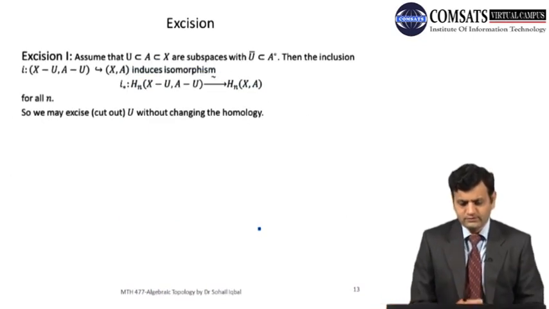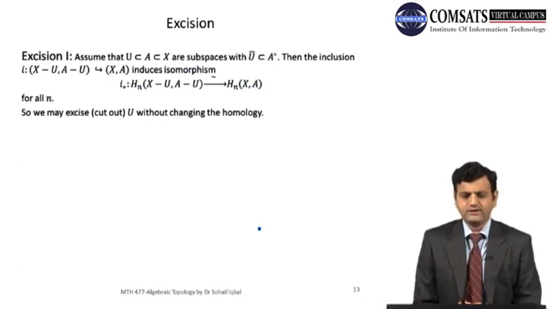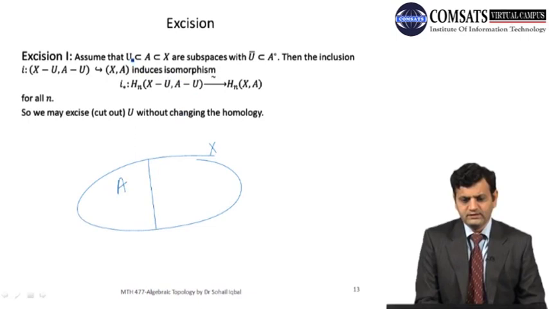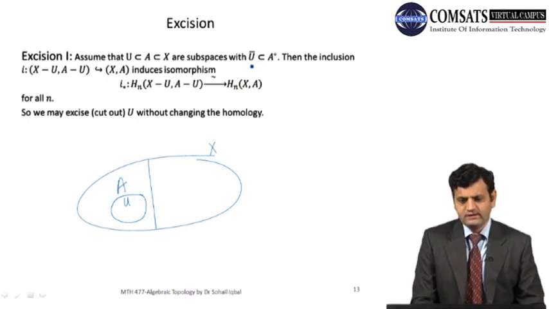Now we have come to our first important tool for calculating the homology of any topological space. This is called excision. So what is excision? If we have a space X, and some subspace A of X, and a set U which is contained in A, such that the closure of U is contained in the interior of A. What does it mean?